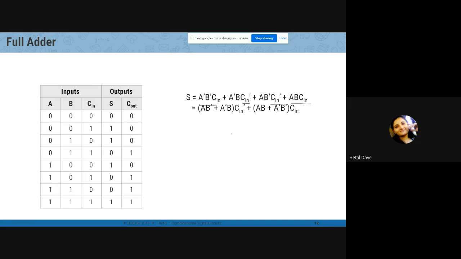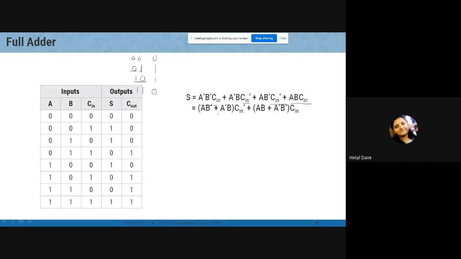Now can anyone tell me what this equation represents? AB bar, A bar B. It represents XOR gate. If I make a truth table for XOR gate, and this is the truth table, 0, 1, 1, 0, make equation A bar B, A B bar.